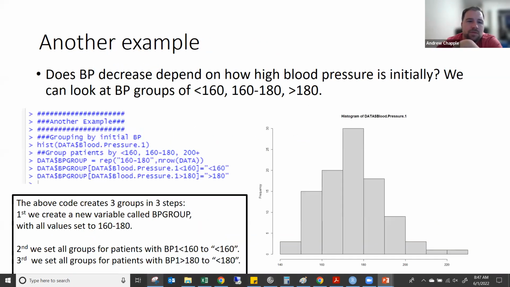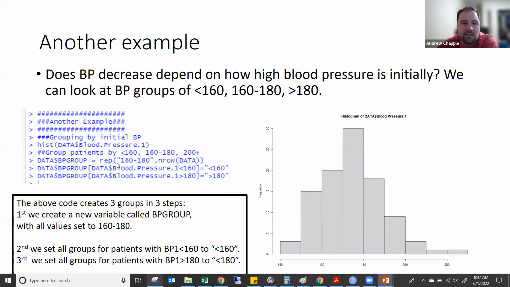So another example: does blood pressure decrease depend on how high blood pressure was initially? I can look at different groups here of less than 160, 160 to 180, and then over 180. All I'm doing here is, this is just a histogram of the blood pressures. You can see that here. So the under-160s are going to be everybody to the left, 160 to 180 are going to be everybody here, and over 180 is going to be everybody to the right.